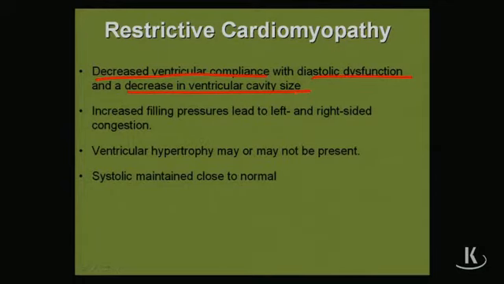Now compare this to the dilated cardiomyopathy. Here, in the dilated, the chamber size is increased. In the restrictive, the chamber size is decreased. This also would lead to increased filling pressure. Ventricular hypertrophy may or may not be present, and the systole may be maintained close to normal. The key concept here is to remember that in restrictive cardiomyopathy, the chamber is narrowed.